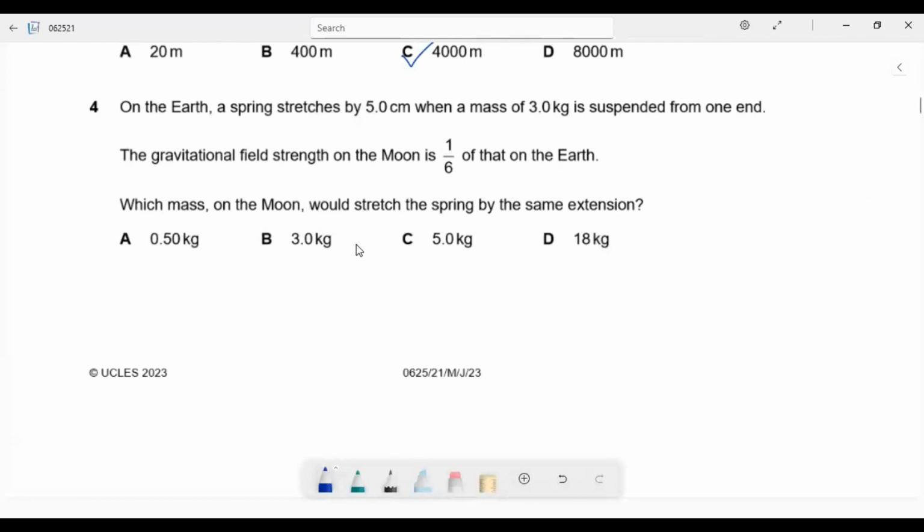On the earth, a spring stretches by 5 centimeter when a mass of 3 kg is suspended from one end. The gravitational field strength on the moon is 1 by 6 of that of Earth. So which mass on the moon would stretch the spring by the same extension?